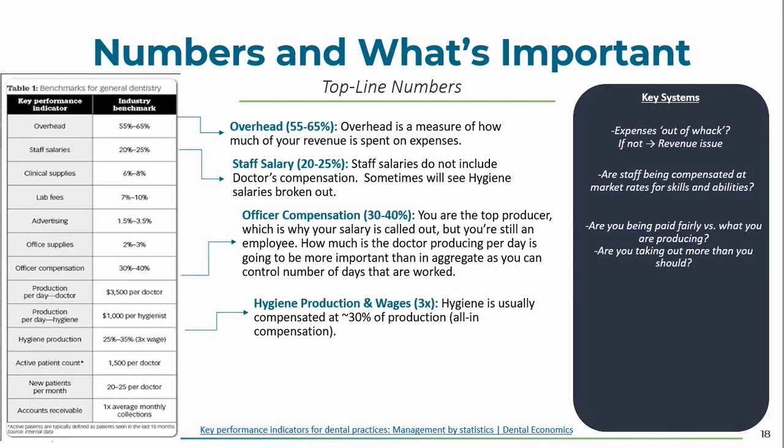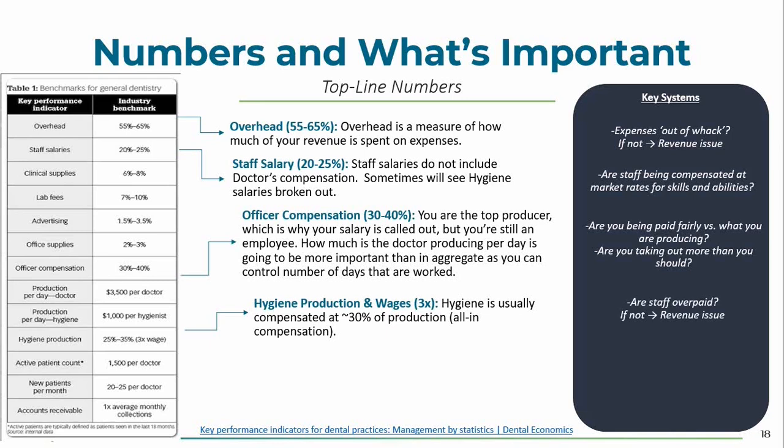If I'm paying you $30 an hour to be a hygienist, then you should be producing $90 an hour. Obviously, the difference then goes towards paying off the rest of the expenses, fixed expenses, etc.